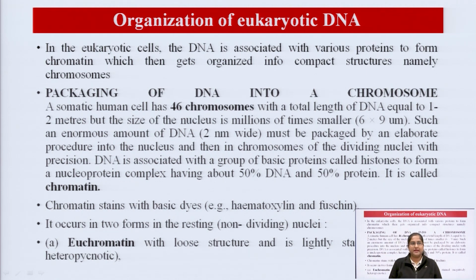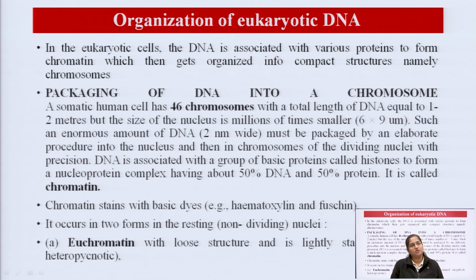Next, organization of eukaryotic DNA. Now, that was all about our genetic codes. What are genetic codes? How do they code for our proteins, for our RNAs? We have discussed that. Now, we are discussing the organization of eukaryotic DNA. As we all know, eukaryotic organisms are different from prokaryotic organisms.